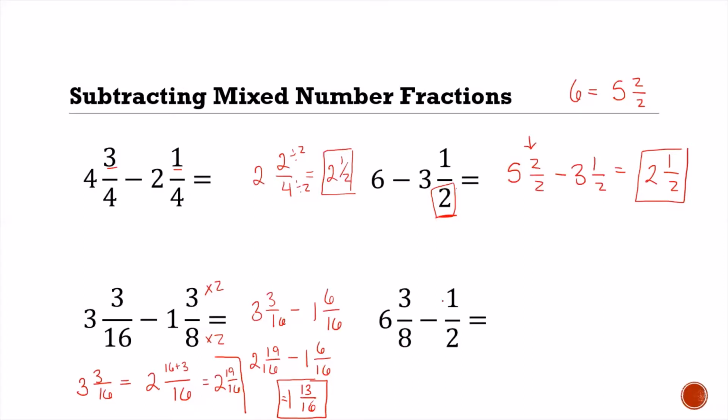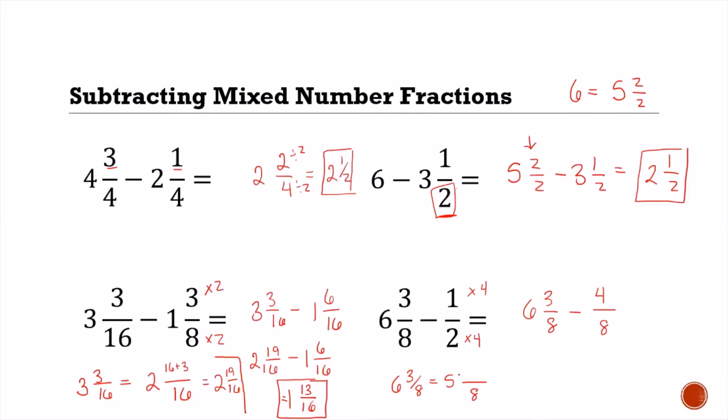We have 6 3/8 minus 1/2. Make our common denominator first. Multiply the top and the bottom by the same thing. So numerator times 4, denominator times 4. So we have 6 3/8 minus 4/8. 3 take away 4. We subtract the fraction part first. We can't do 3 take away 4, so we have to rewrite 6 3/8. So 6 3/8 is equal to 5 and how many 8ths?